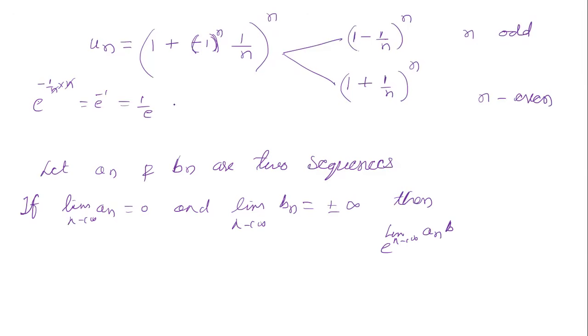This is the inferior of un. Second case, 1 by n is there, an. E to the power 1 by n into bn is n. This gets cancelled. This is e. This is superior. Simple result.